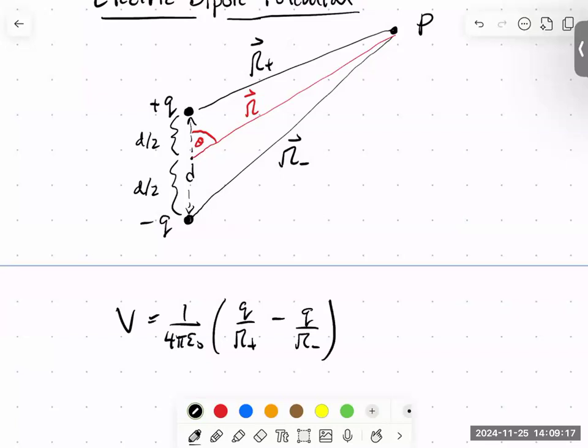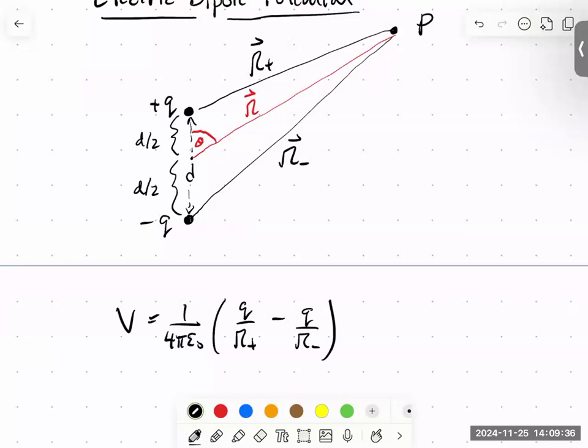Now, we're going to make an approximation for this R plus and R minus in terms of the R without the subscript. And this approximation is going to be valid when P is far away from this electric dipole.